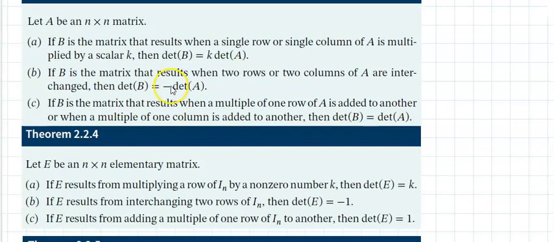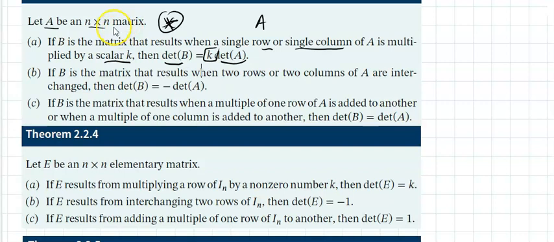Now this is very important. Let's say you have an m by m matrix. If B is the matrix that results when a single row or a single column of A is multiplied by a k, then the determinant of B is simply the original determinant of A multiplied by that k.